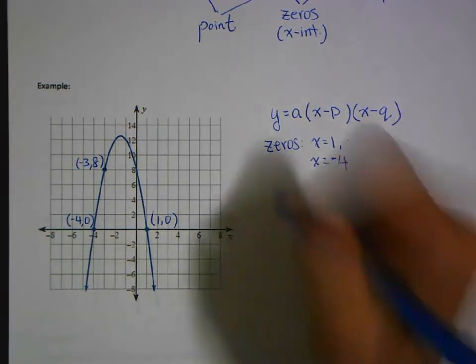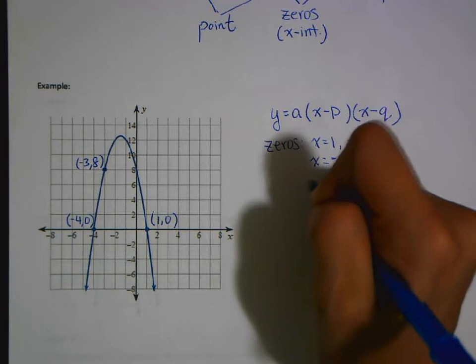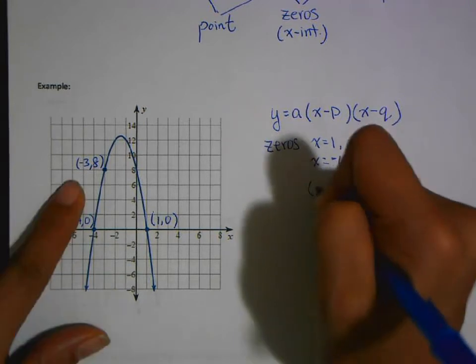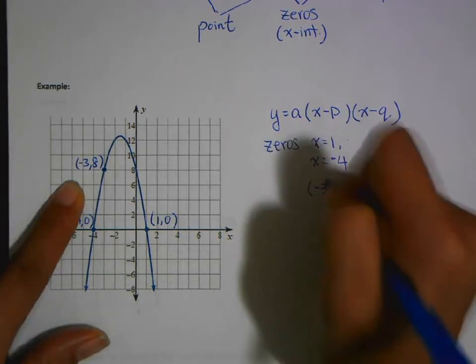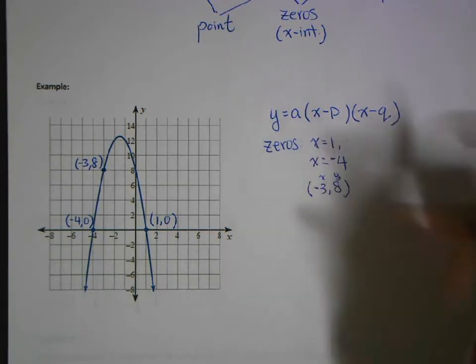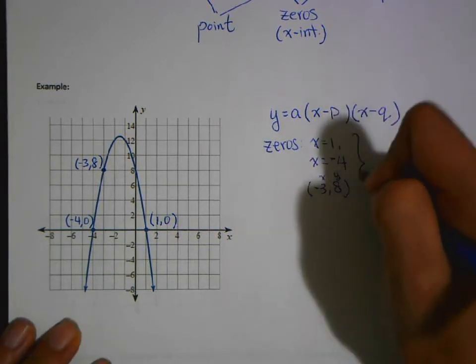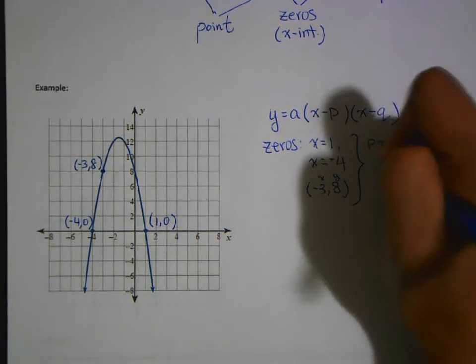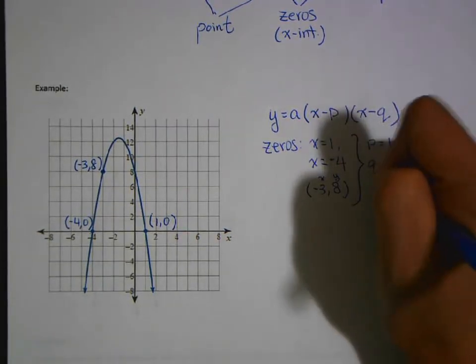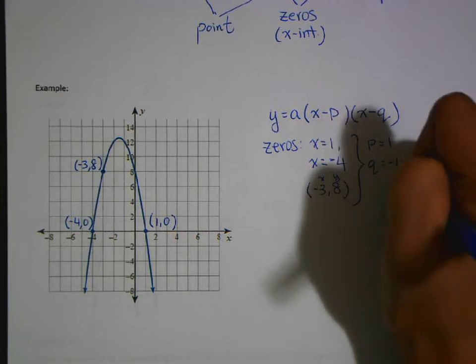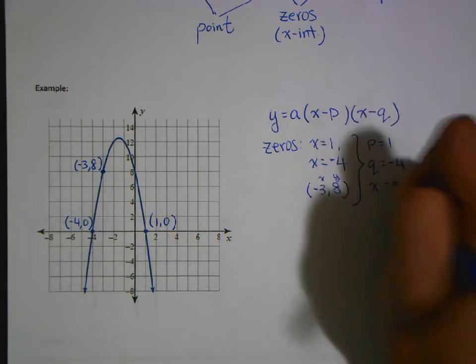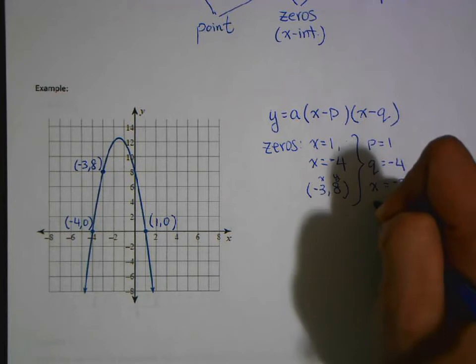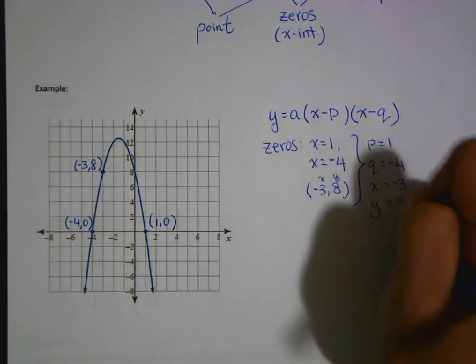I know that I have a point at (-3, 8). Those are my x and my y. So from this information, I know that my p equals 1, my q is equal to -4, my x is equal to -3, and my y is equal to 8.